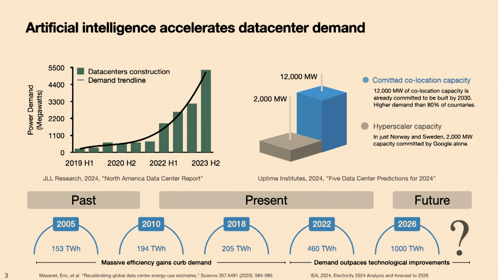However, now as the efficiency gains are slowing down, the increase in demand is resulting in an increase in energy consumption. In 2022, within just four years, it more than doubled to 460 terawatt hours. And in the next four-year phase, it is going to double again. I don't know who can predict what the future is going to look like with all this demand.